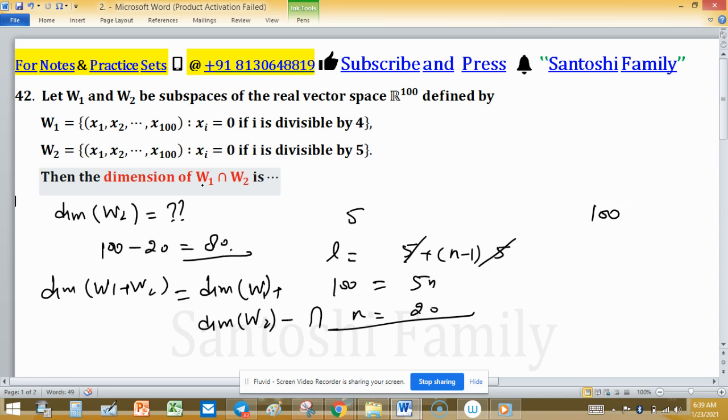Suppose I take y. If y is in the intersection, then y is in W1 and W2, so y will satisfy the properties of W1 and W2 together.